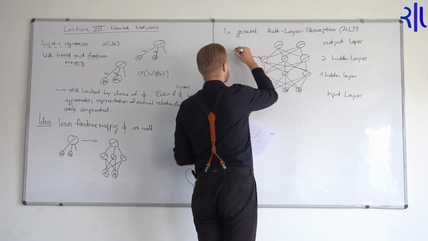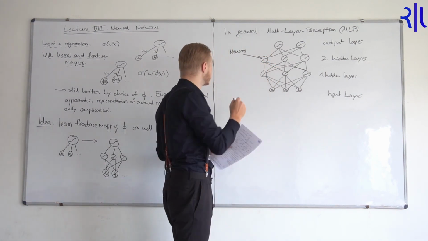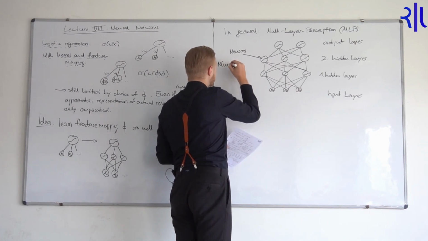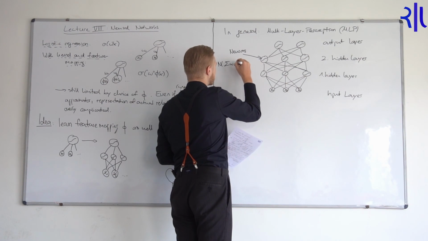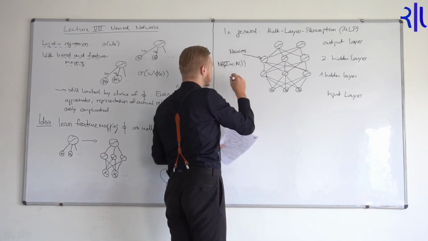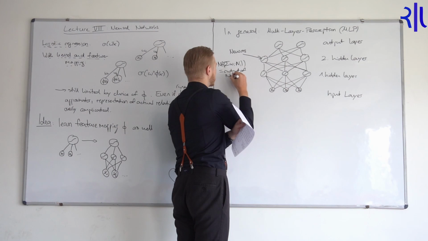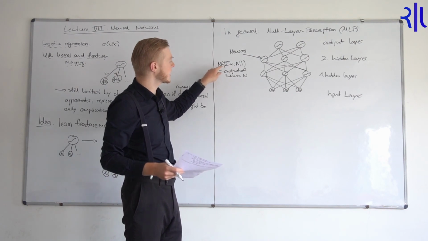So we call these things neurons, and the output of each neuron is given as some activation function f.